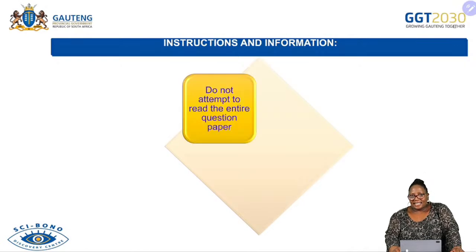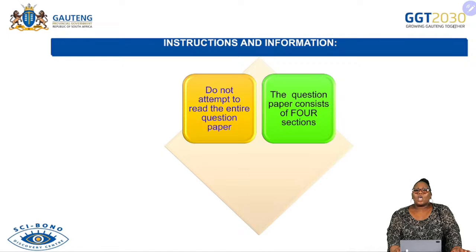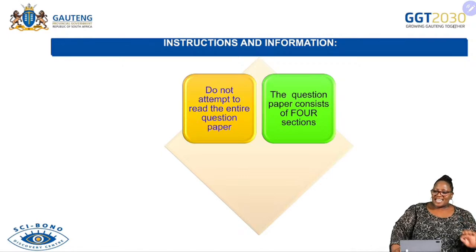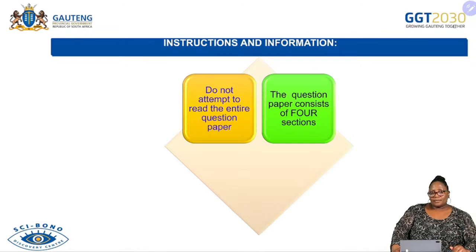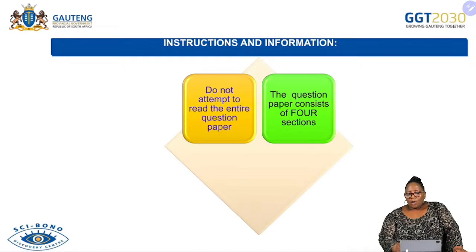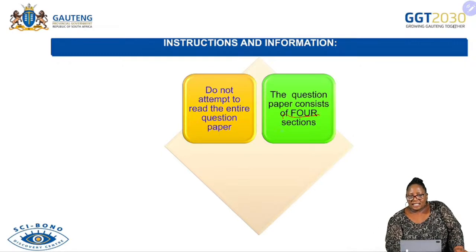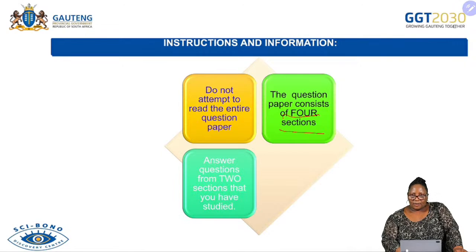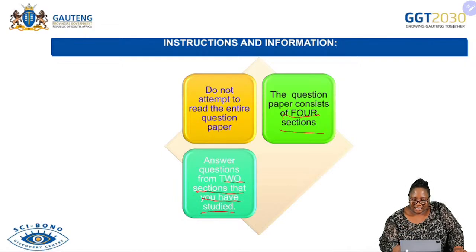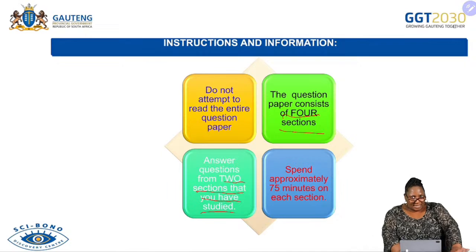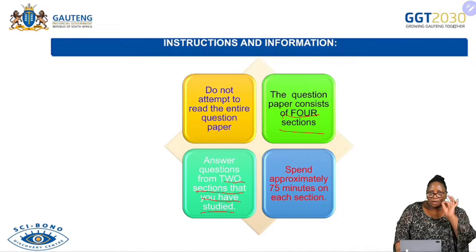Let's look at the instructions. The first one is, do not attempt to read the entire question paper. The question paper consists of how many sections? 4 sections. And you are required to answer questions from 2 sections that you have studied, not what you see in the book only, but what you have studied.